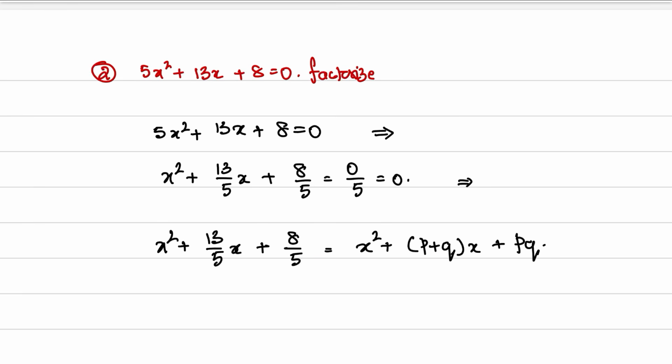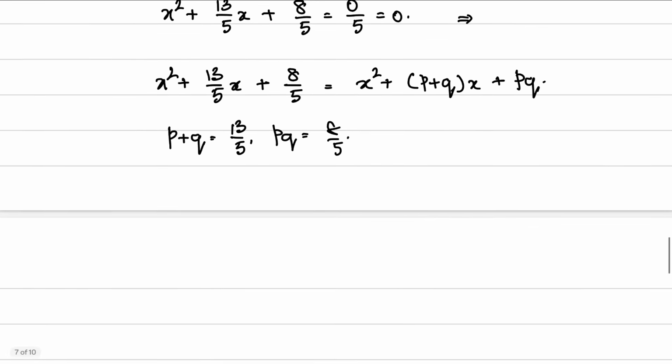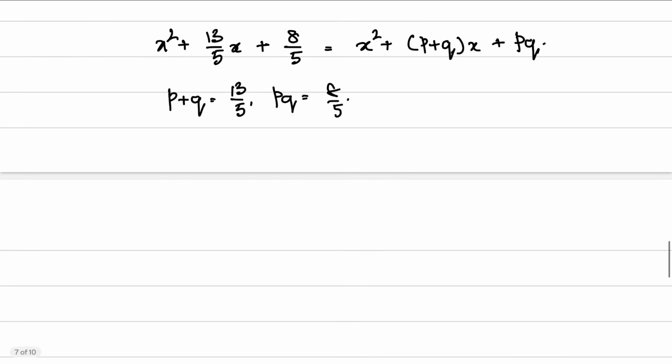Just see, p plus q is equal to 13 by 5 and pq is equal to 8 by 5. In this case also both are positive. Sum is also positive, product is also positive, implies p and q are greater than 0.